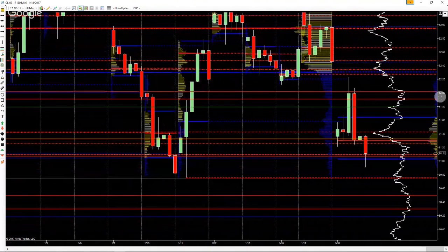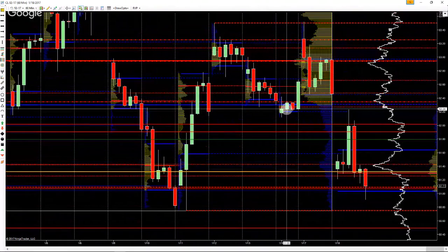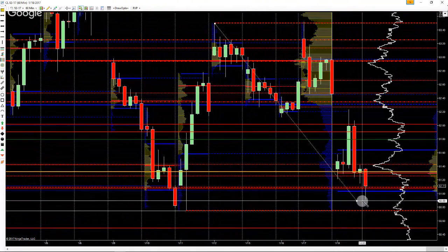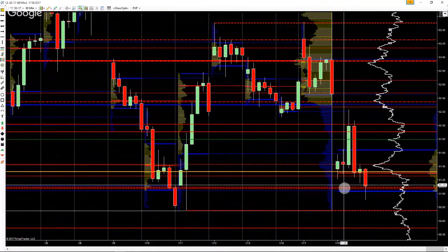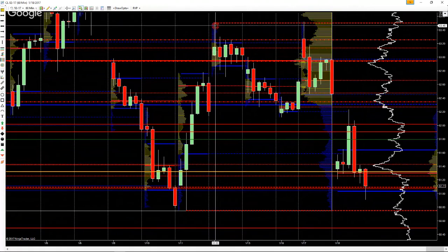When you start talking about indicators and even Fibonaccis, some people would draw a Fibonacci, they'll come here and start it up here and pull it down here. Somebody else might draw a Fibonacci and say, well, I don't want to start from this high.